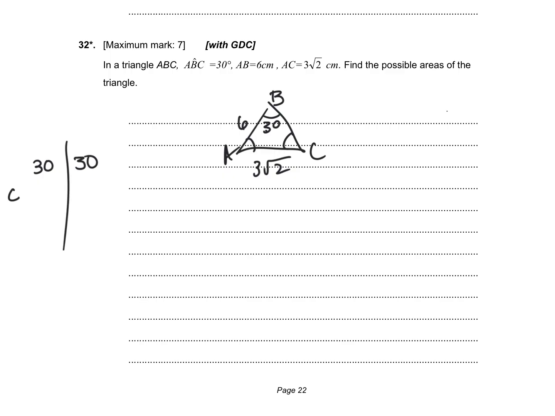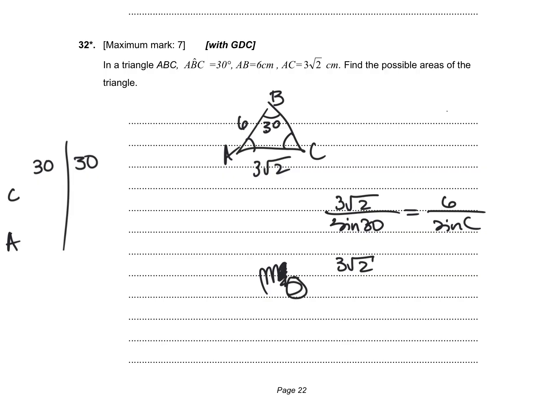Then we're going to have C here, and then A here. So we're going to have 3√2 over sine 30 equals 6 over sine C. All right, so 3√2, and sine 30 is 1/2.